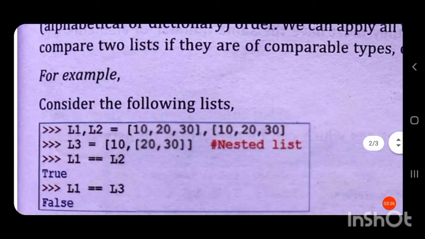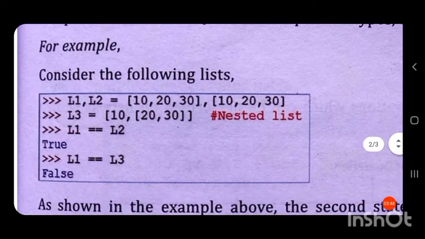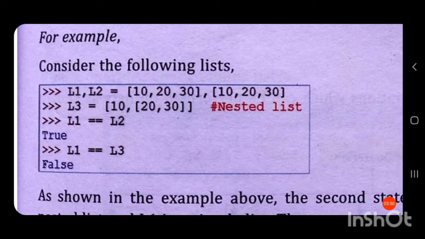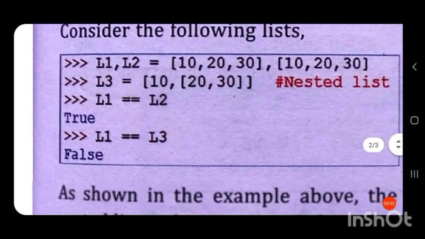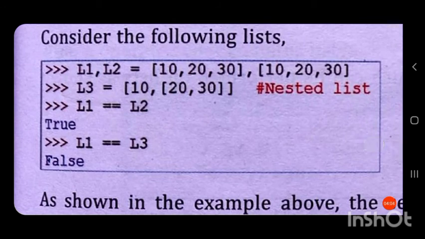Our lists L1 and L2 are the same, so L1 equal to L2 will return true. Now we have a list L3 which contains only two values, and if we do L1 equal to L3, the output is false, that is, L1 is not equal to L3.